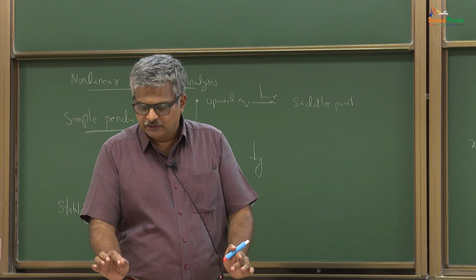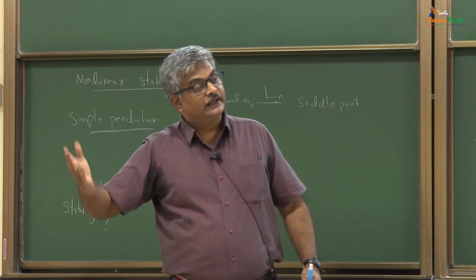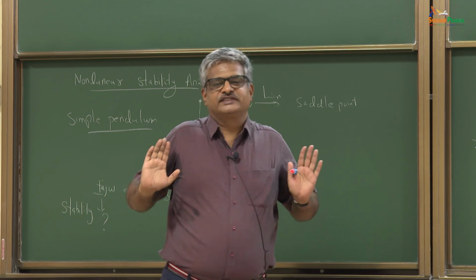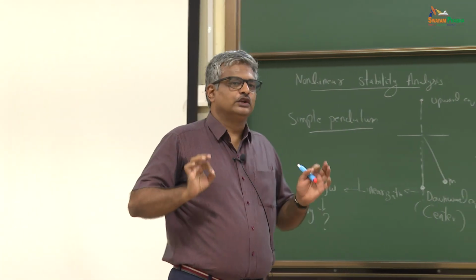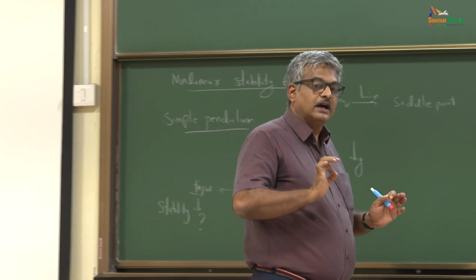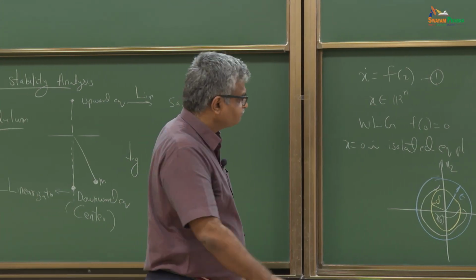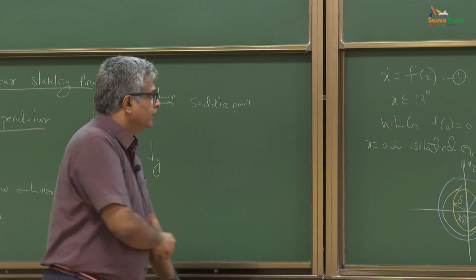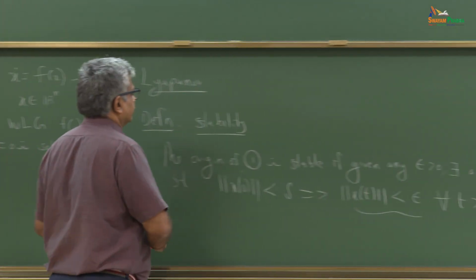If you find that even a small perturbation will lead the trajectory to go somewhere and then come back, that is not stability for us. Now, in honor of Lyapunov, this definition is also known as Lyapunov stability.